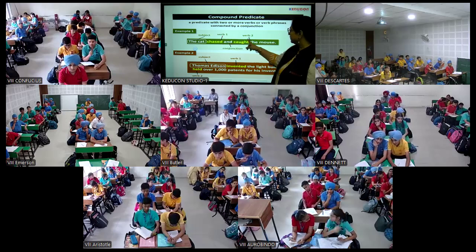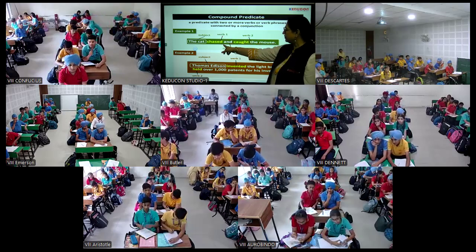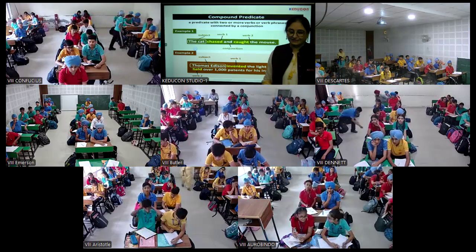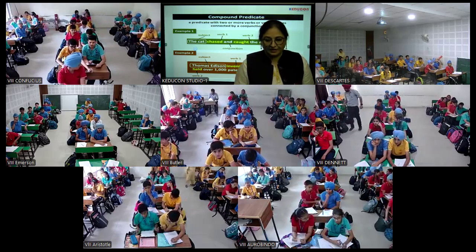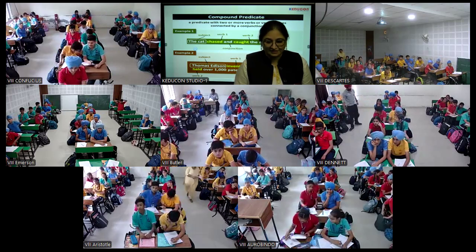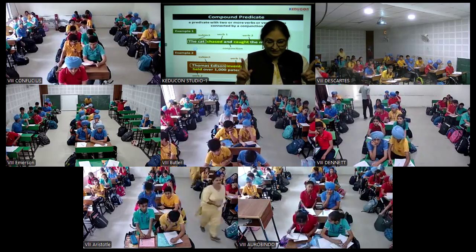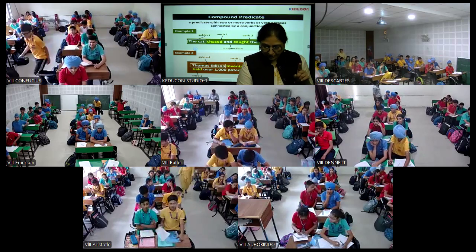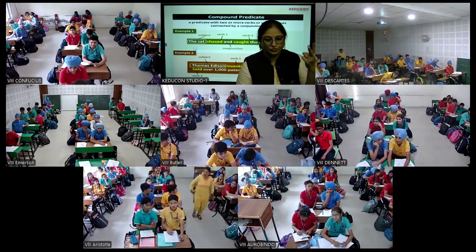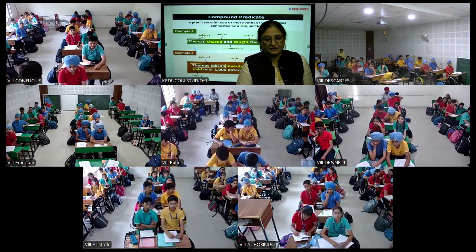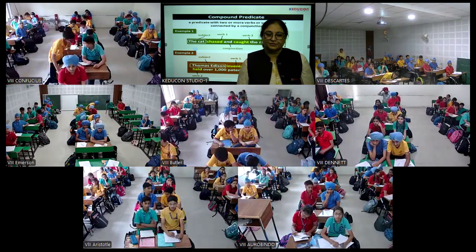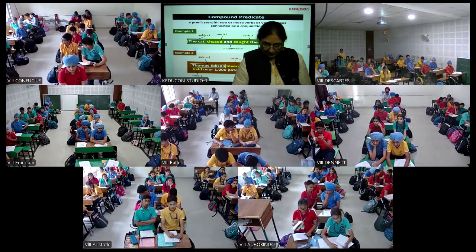Does it have two verbs? Does it have two predicates? Yes, it does. One is he mowed lawns and delivered newspapers. The verb one, verb two, over the summer. So this is the compound predicate. Very good. Very nice. Next one.